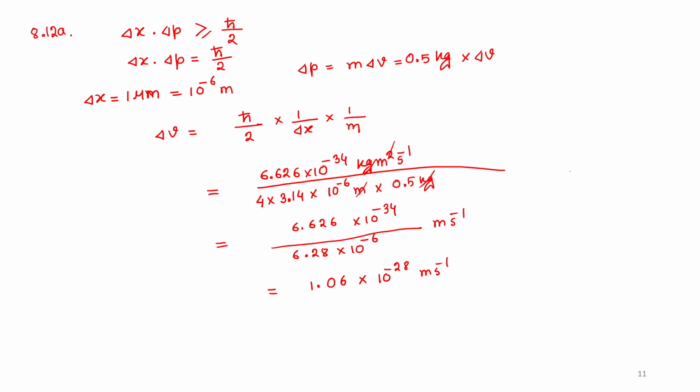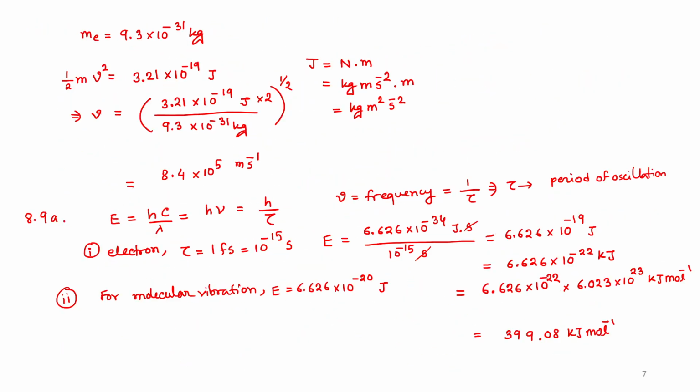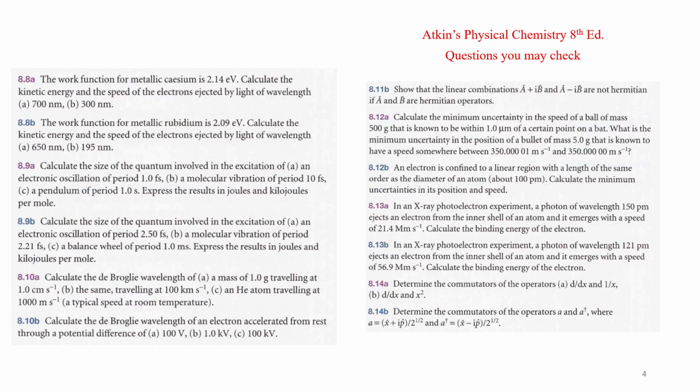That is one thing. So what about the second part of this question? The second part deals with a different object. What is the minimum uncertainty in the position? Now we need to calculate the delta x of a bullet. Now the mass is 5 gram, still a macroscopic object.